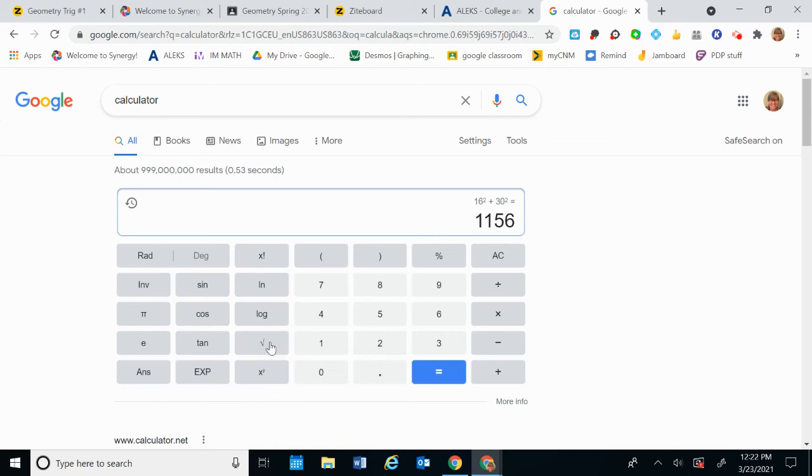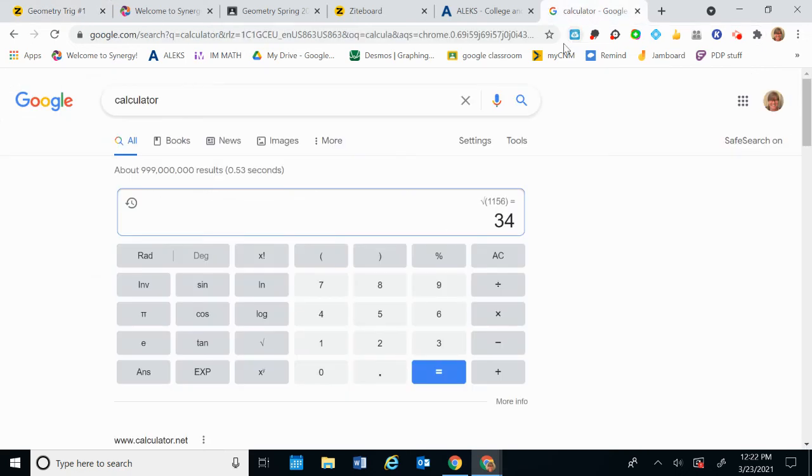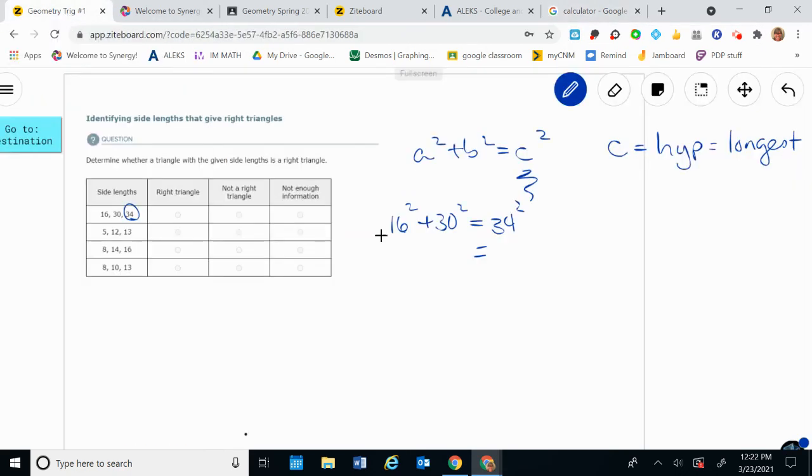If it's 34, we found it. Okay, 34. See, the square root of 1,156 is 34. You can plug it in differently into your calculator. Like you can literally add it all up. In other words, when I added these, I got 1,156. And if I do 34 squared, I'm going to get 1,156. And yep, it's a right triangle.